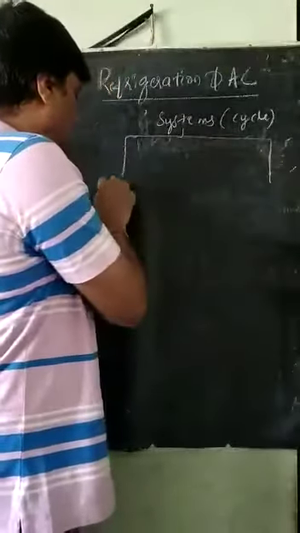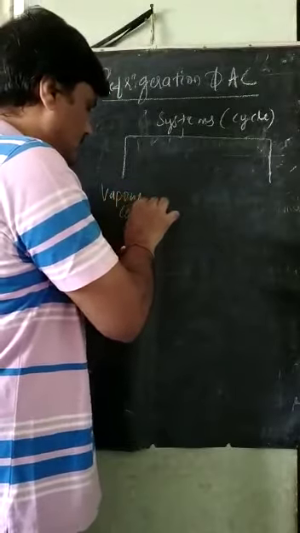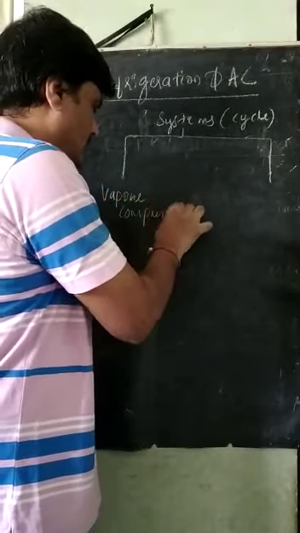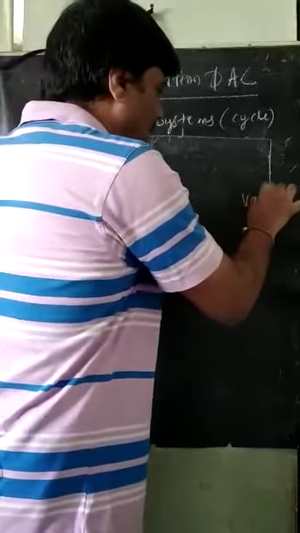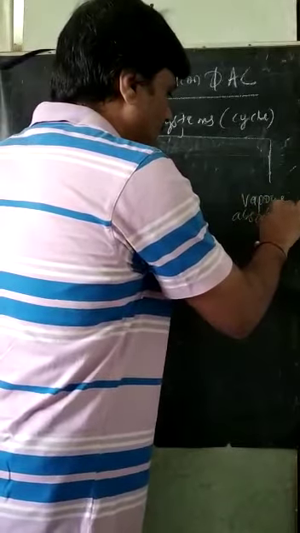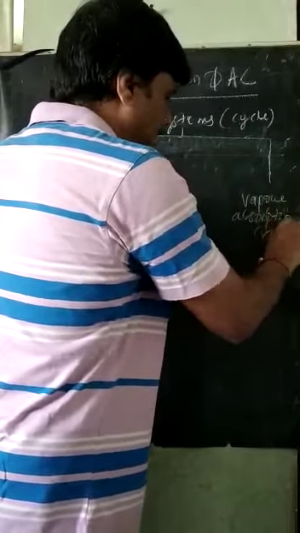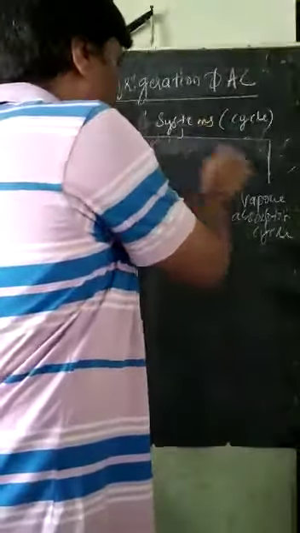One cycle is called the vapor compression cycle. Another one is the vapor absorption cycle. These are the two cycles we are studying in detail.